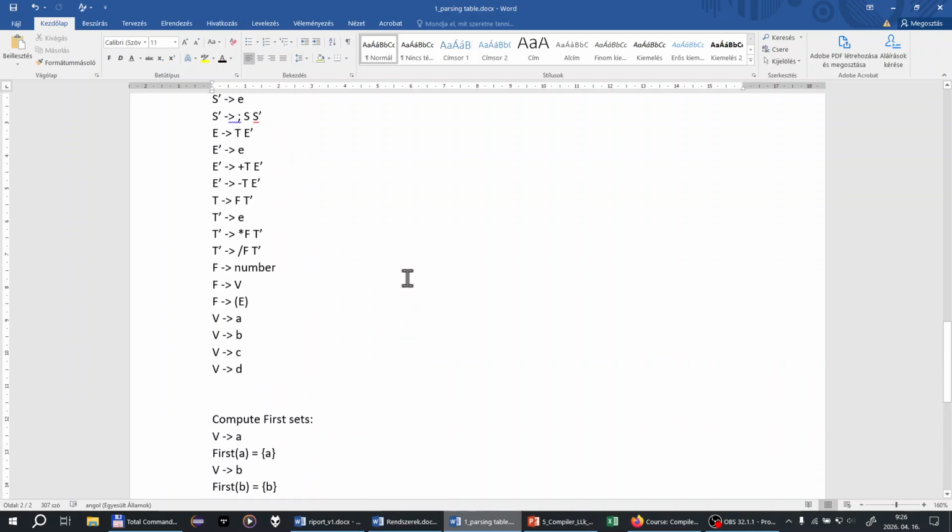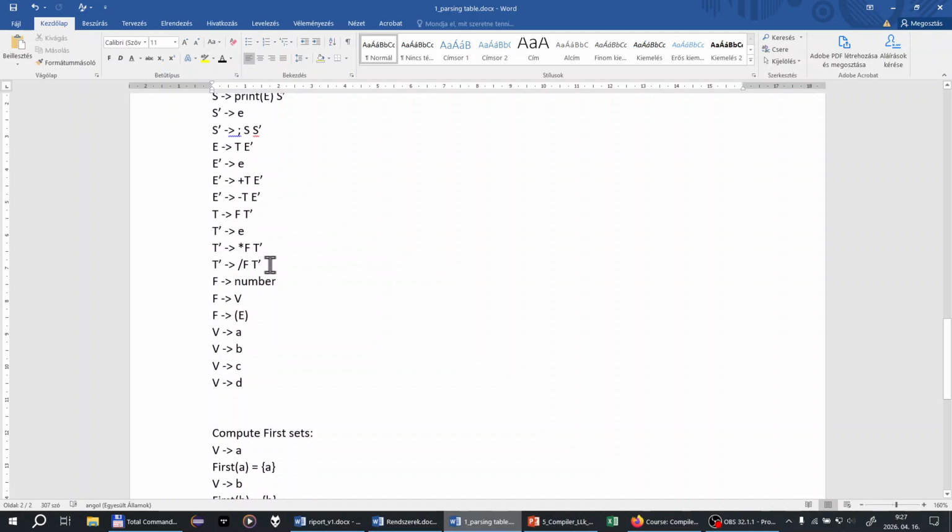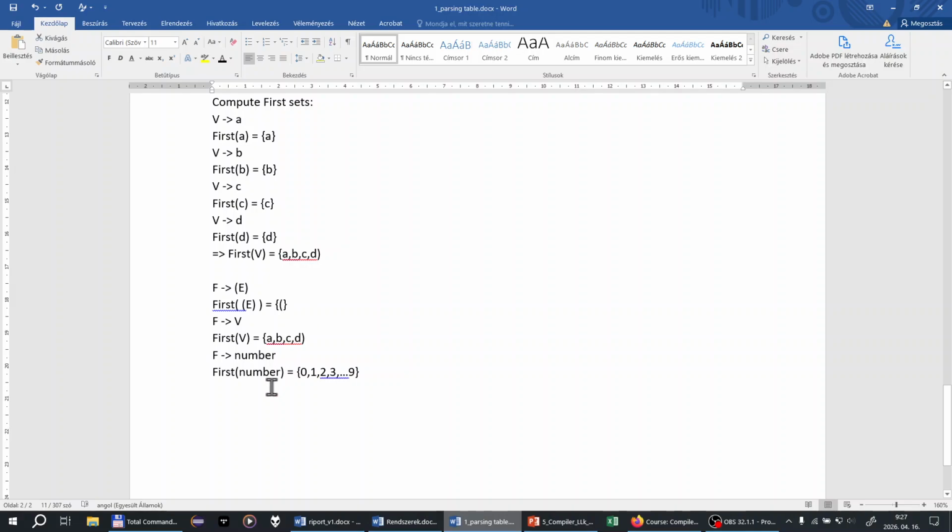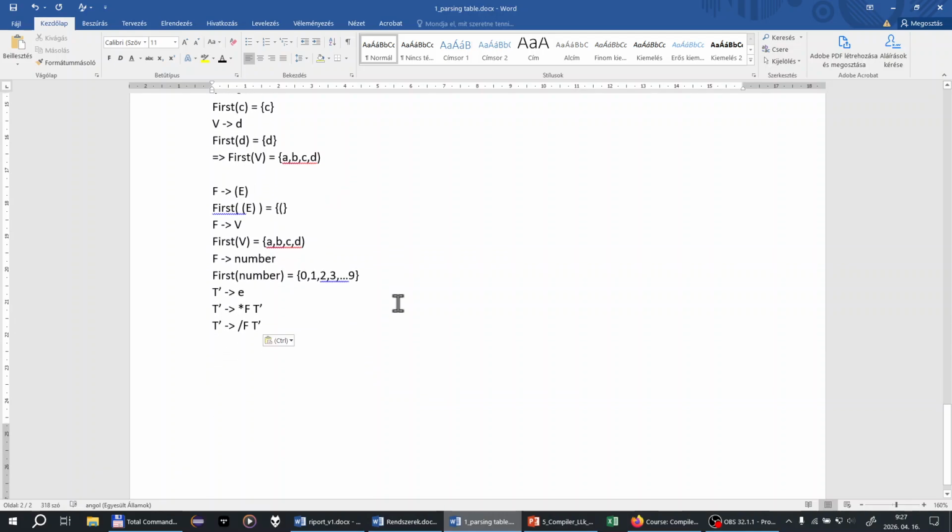And then if we have a grammar rule with epsilon, it means epsilon is an element of first T prime. It does not mean that it starts with an empty string because it's hard to interpret. Instead, it means that we can eliminate this symbol by the application of the grammar rule E prime to T prime to epsilon.